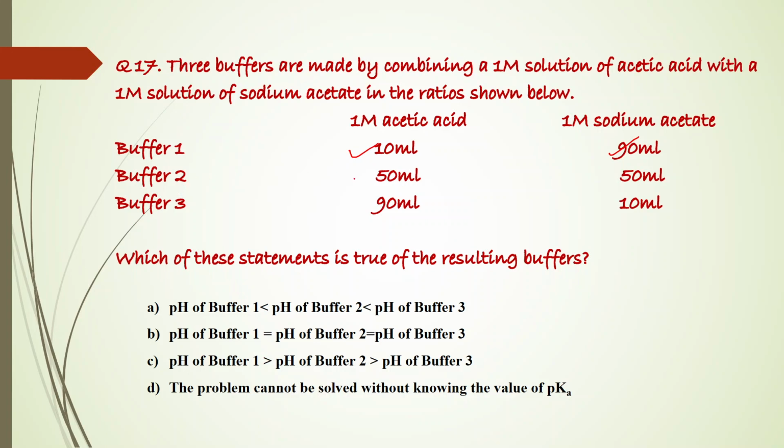Buffer 2 has 50 ml of 1 molar acetic acid and 50 ml of 1 molar sodium acetate. Buffer 3 has 90 ml of 1 molar acetic acid and 10 ml of 1 molar sodium acetate. Which of these statements is true for the resulting buffers? These are the four options. Choose the correct option from them.